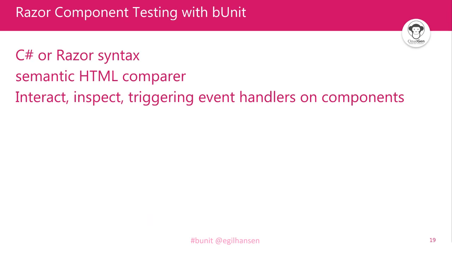So when we're rendering our components, what this HTML semantic comparison will do is it will test the output of our rendered component, but it won't test things like white space and things that don't matter to a browser when it's rendering HTML. So if there are CSS classes that are out of order, those things don't matter to the rendered component in the browser. It will still look and act the same in code and display the same in the browser. So the semantic comparer won't consider those things like a basic string comparison would.